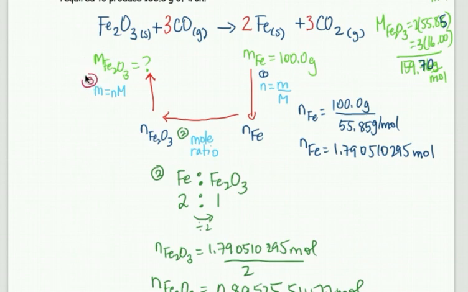Now we have to calculate the mass of iron 3 oxide. So we're going to use the formula. We're going to take the moles of iron 3 oxide and the molar mass and find the mass. So I'm going to take my 0.89525, and I multiply by molar mass.